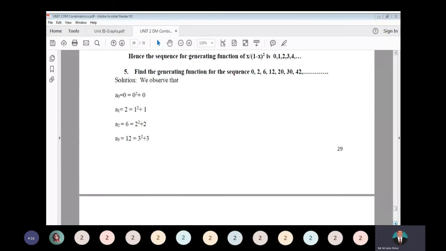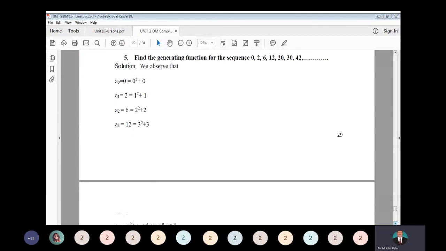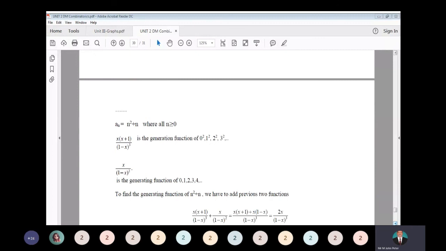In that manner the sequence is going. So an equals n square plus n. So by ax means x square plus x, like that you will go. So x into x plus 1 divided by 1 minus x cube is the generating function of 0 square, 1 square, 2 square, 3 square and so on.